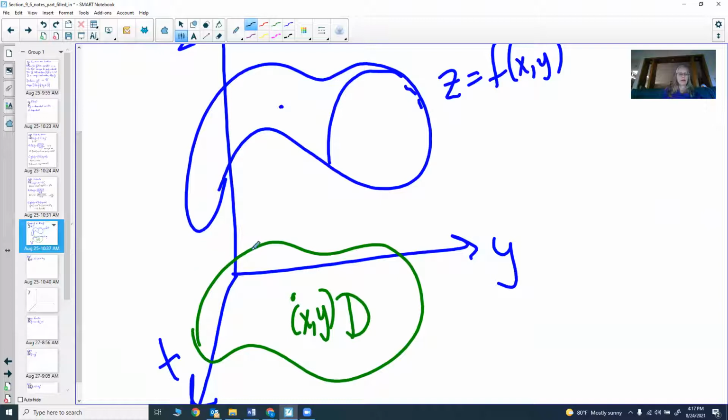So you notice your domain is in the xy plane, and the function is over top of that. And if you take some point here in D, which has an xy value, you can then map it to that z value right above there.